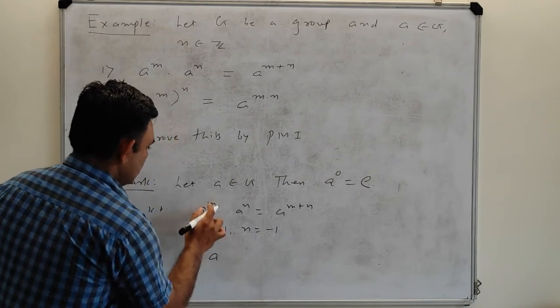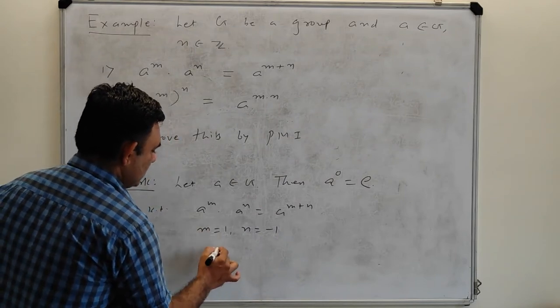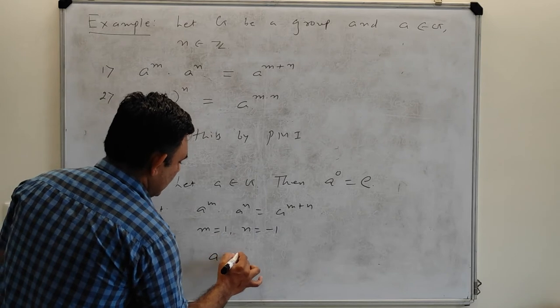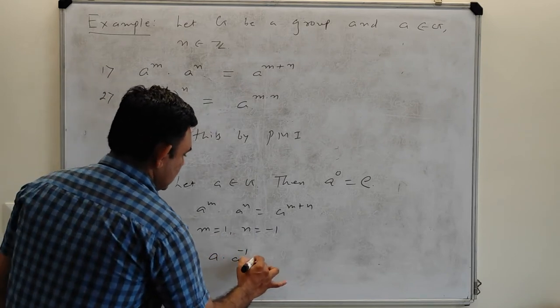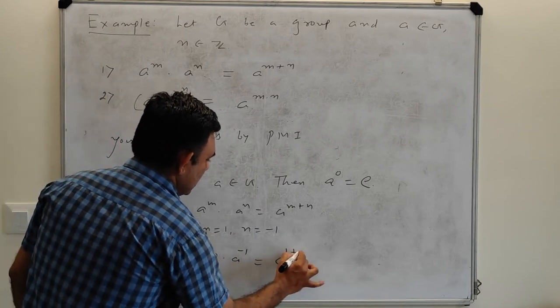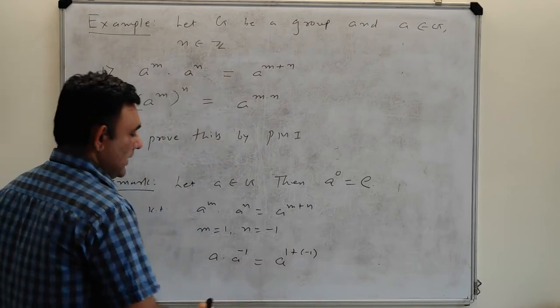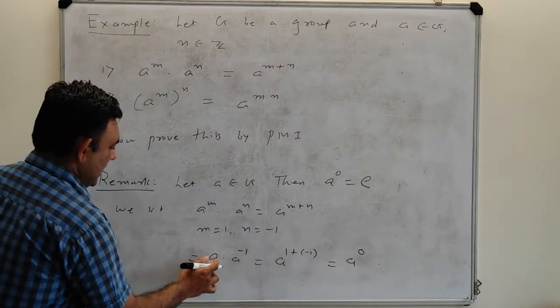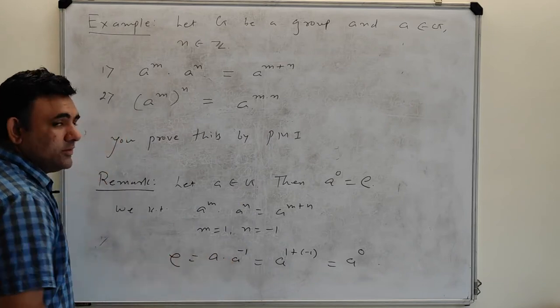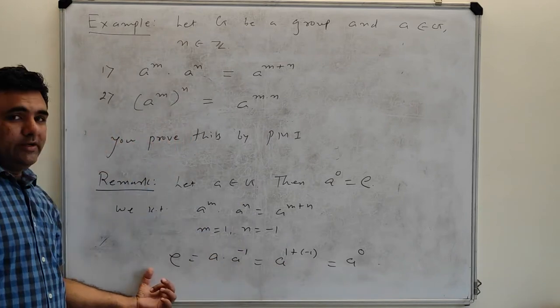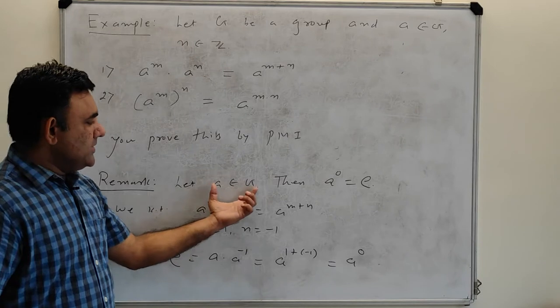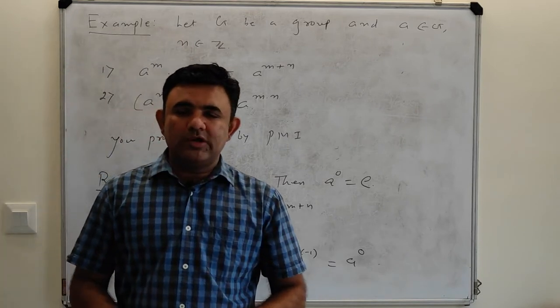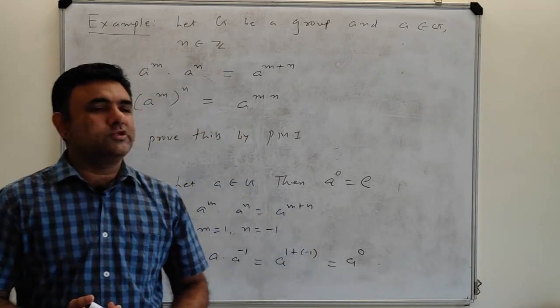A raised to 1, no need to write 1, into a raised to minus 1 is equal to a raised to 1 plus minus 1, and that is a raised to 0. But an element into its inverse is identity, so a raised to 0 is identity. And what is a? A is any element of the group, so any element of the group raised to 0 power is always identity.